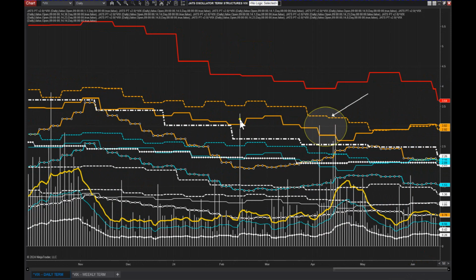When you get up into these nosebleed sections up in here, you can just figure that the brakes are going to come on from the market makers and the dealers, and you might be looking to take your profits around there, is what I'm trying to say, if you're participating with that volatility push.